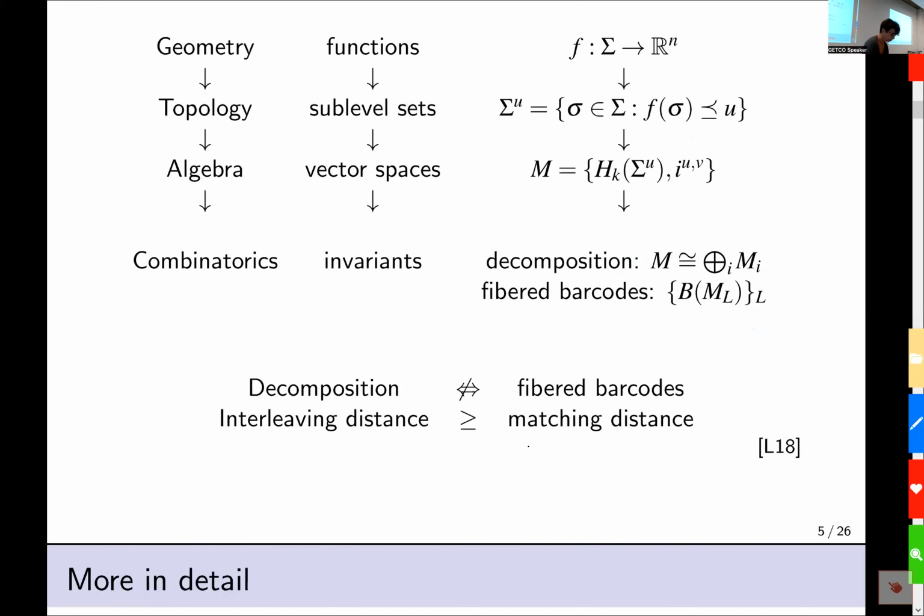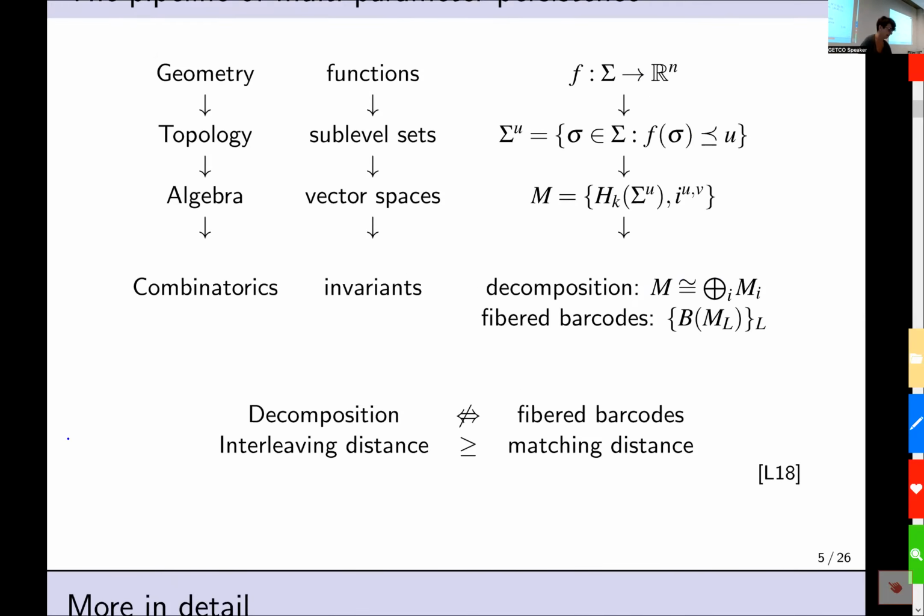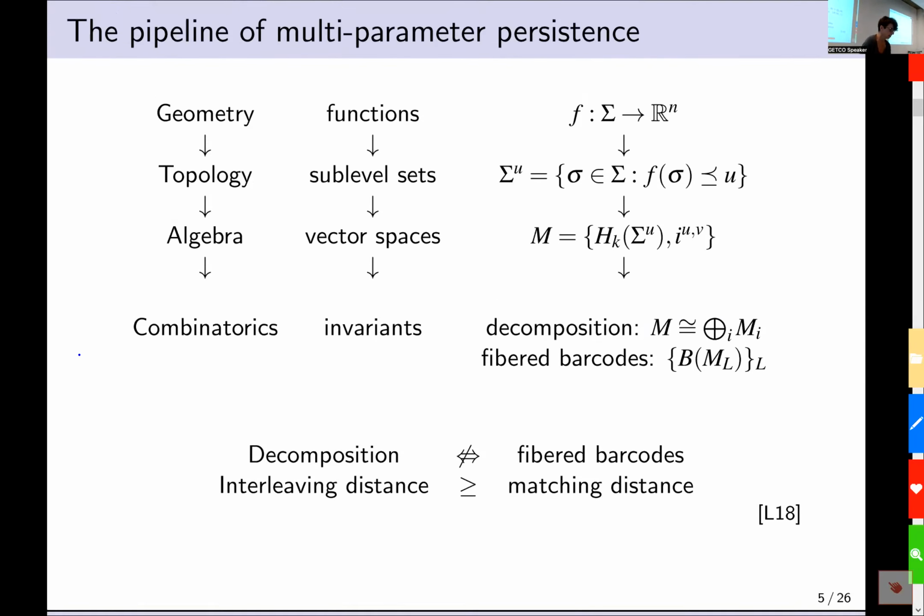But now I want to move to a setting where the function takes values in Rn, and this is interesting because sometimes we have multiple measurements on our data, and so we want to consider them not separately, one by one, but all together. And so the pipeline is very similar to the previous one.